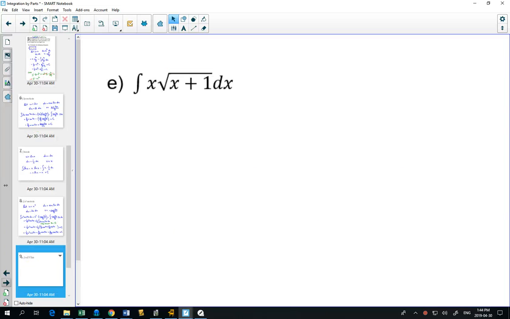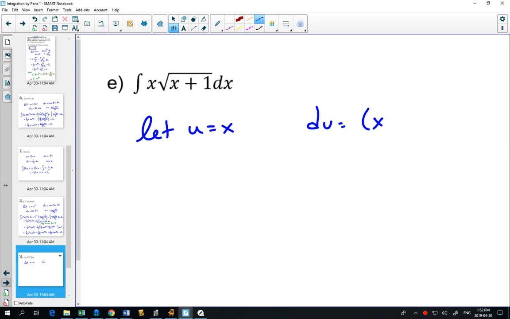I'm going to get you to try this one. I'm going to let u equals x and dv equal, and I'm going to change that square root to a half right away, x plus 1 to the half.